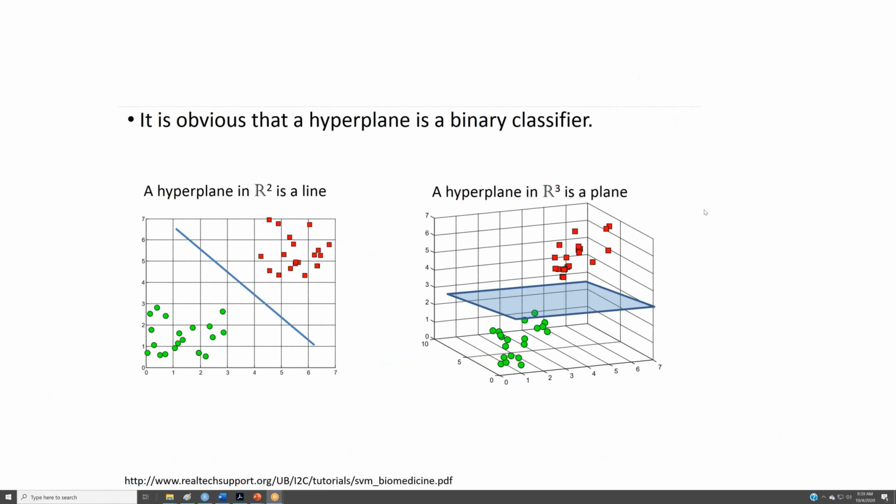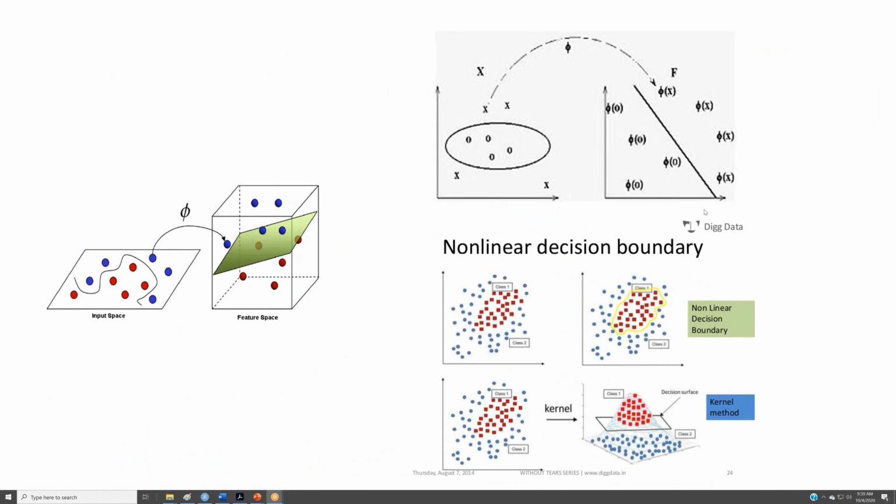For example, I'll show you. If you have data like this one, everybody look at this. Is it linearly separable? In other words, can a line or a plane separate this? Impossible, isn't it? I'm talking about this non-linear decision boundary here. This is not linearly separable.